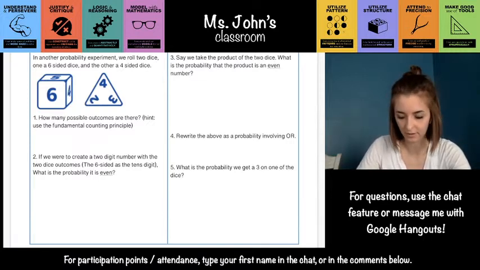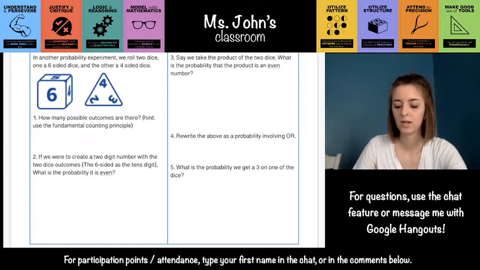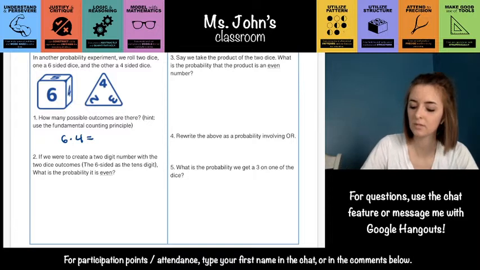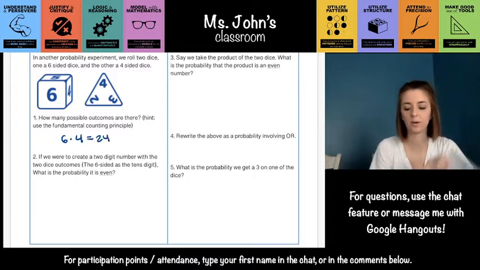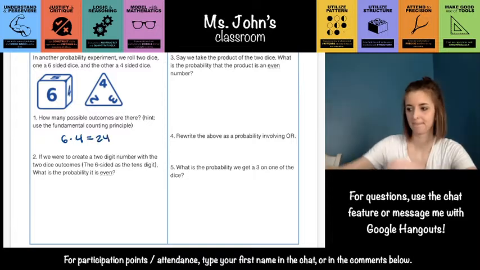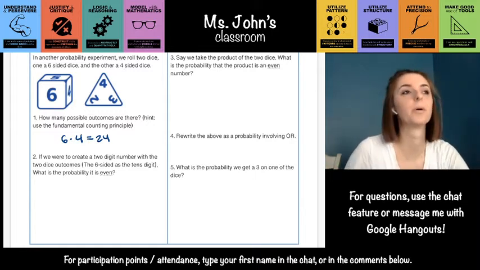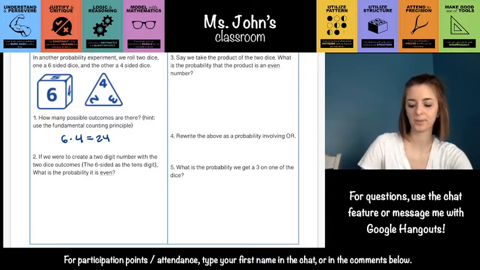For the first one, fundamental counting principle, there are 6 possibilities. For the second one, there are 4, because it's a 6-sided die and a 4-sided die, which gives us a total of 24 possible outcomes when you roll both of them.